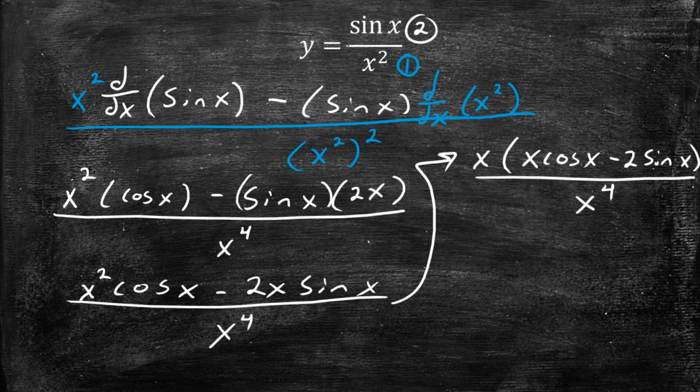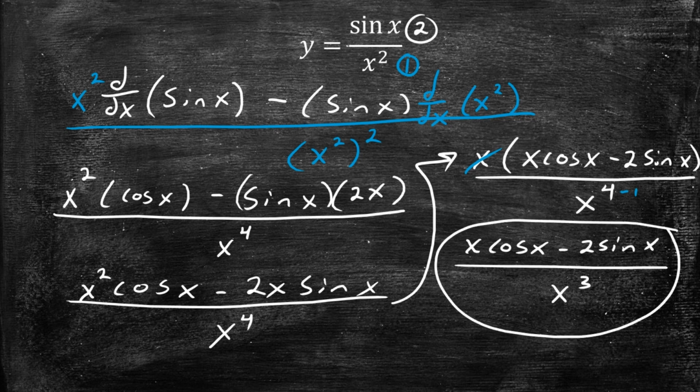And now I can just simplify further by eliminating the x on the numerator here and changing that to an x cubed. So we got x cosine x minus 2 sine of x, all divided by x cubed. All right, so that is our final answer here. Therefore, this example is complete.